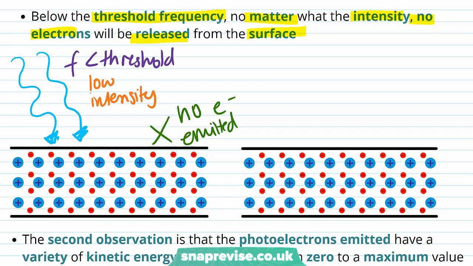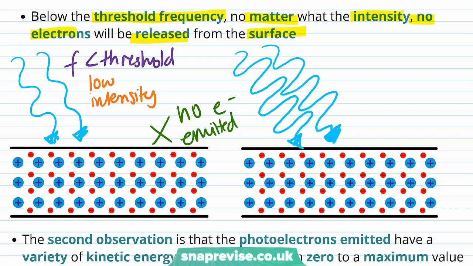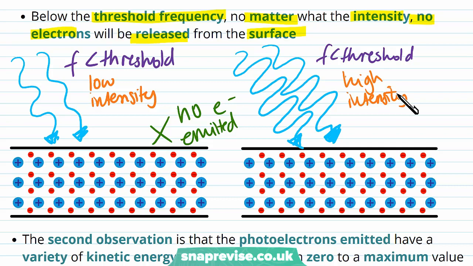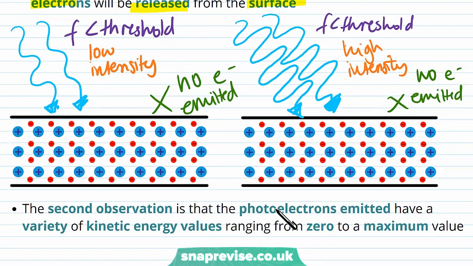However, if we have radiation of the same frequency but of a higher intensity, so this is still below the threshold frequency, but now the radiation is of a higher intensity, it was observed that still no electrons were emitted. So whether or not electrons were emitted solely depended on the frequency of the incident radiation.